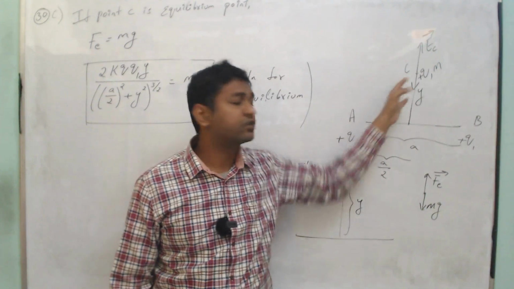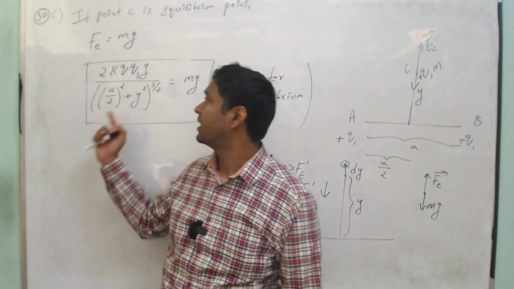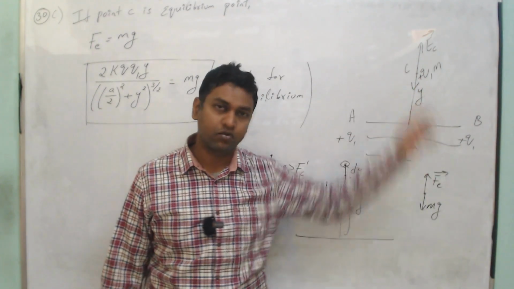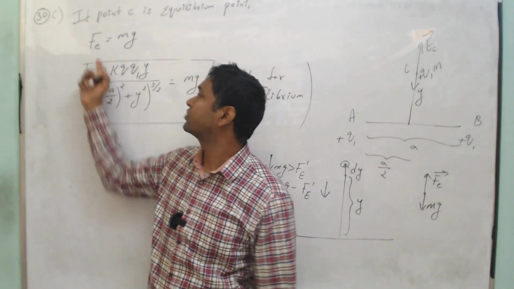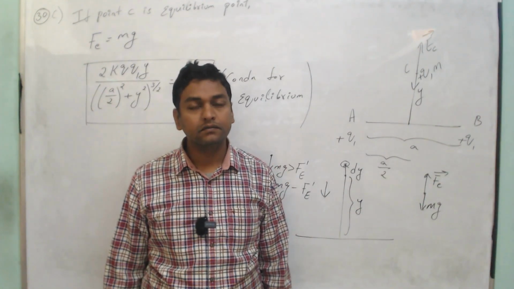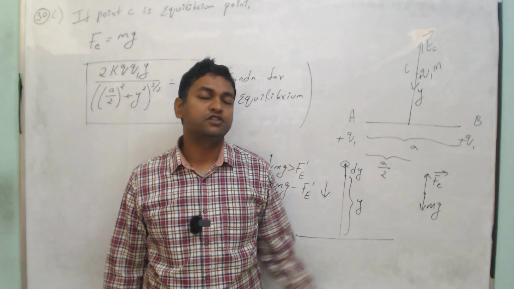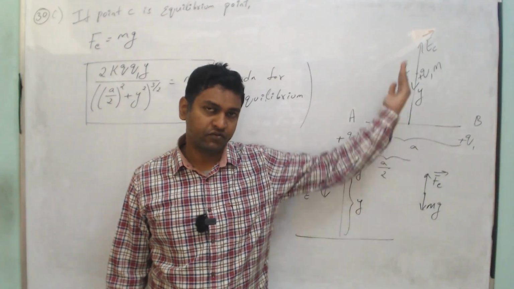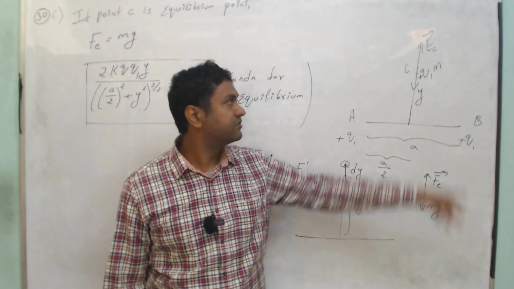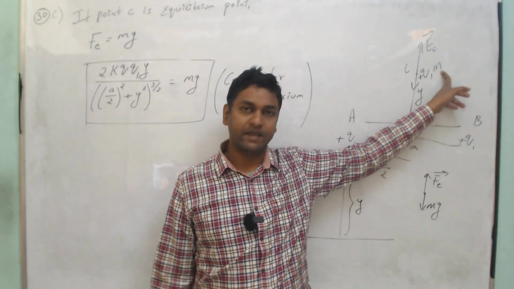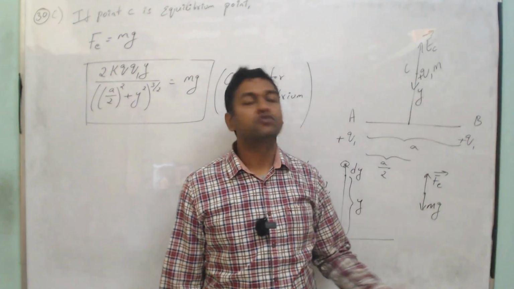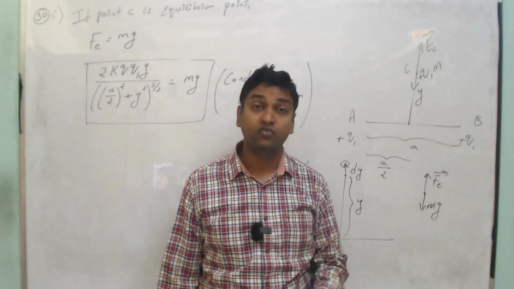Now we can all see what that electric field is, and if I place a charge plus q at the point C, I can also write what that electrostatic force is, and the direction of this electrostatic force is in the upward direction. Here we have also given mass m, right? So we are considering gravitational force also.